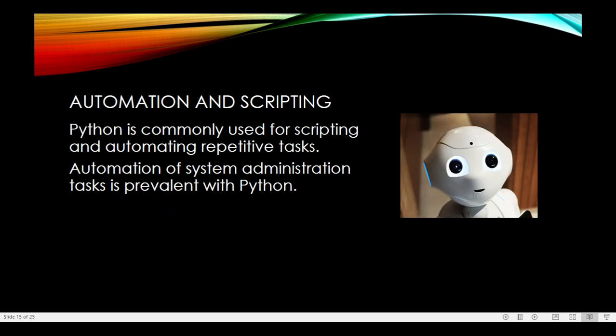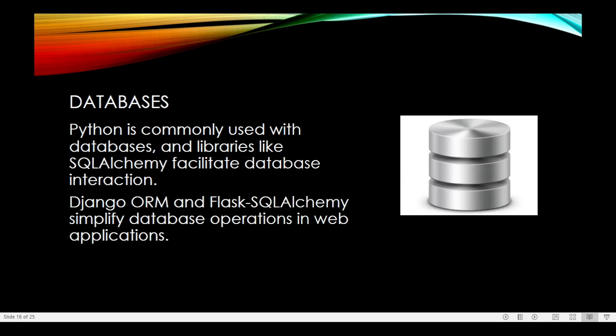Another application we can talk about is automation and scripting. You can use it to automate repetitive tasks. Automation of system administration tasks is prevalent with Python. All right. So we also have databases. We have SQL Alchemy, which facilitates database interactions.